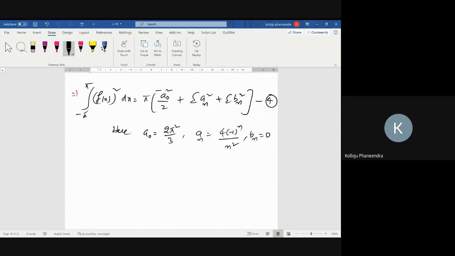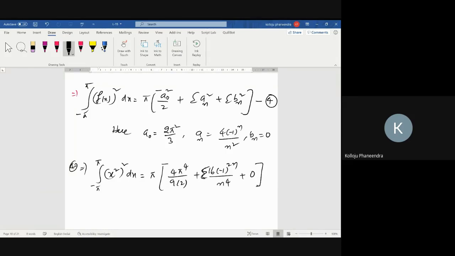This implies the integral from minus pi to pi of x square whole square dx equals pi into a naught square, 4 pi power 4 by 9, into 2, plus summation an square, 16 minus 1 whole power n by n square, which means n power 4, and this is 0.